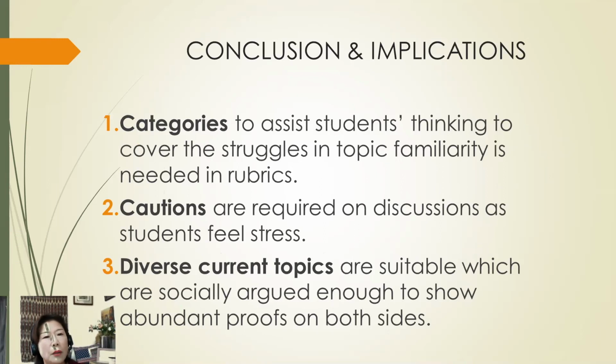Implications. Categories to assess students' thinking to cover the struggles in topic familiarity are needed in the rubrics. Cautions are required on discussions, as students feel stress in debating. Diverse current topics are suitable, which are socially argued enough to show abundant proofs on both sides.